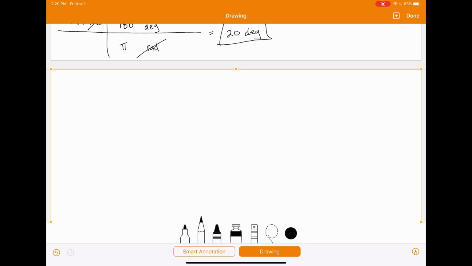So let's see. Convert 93 degrees to radians, and 1.3464 radians to degrees.